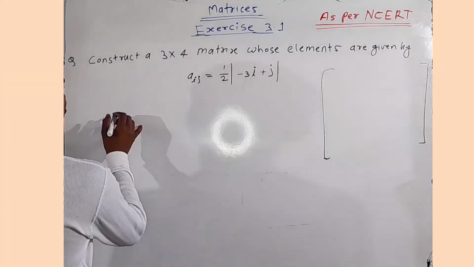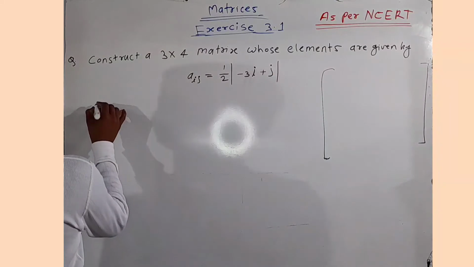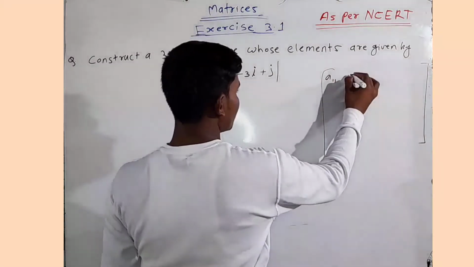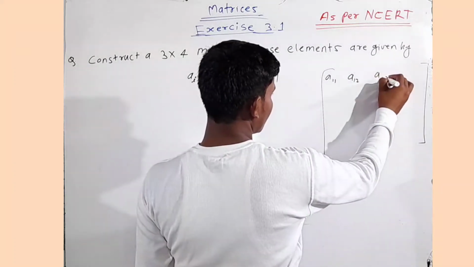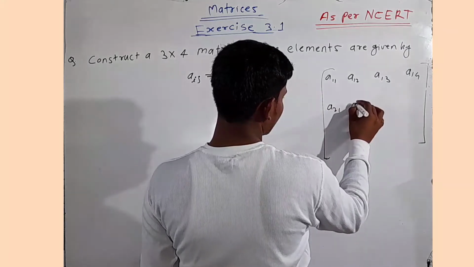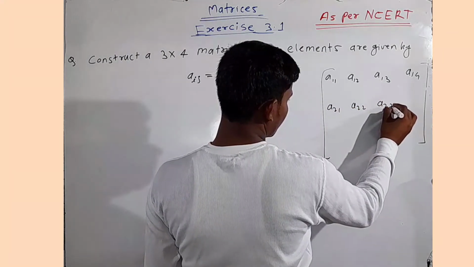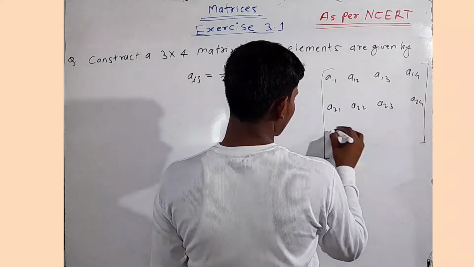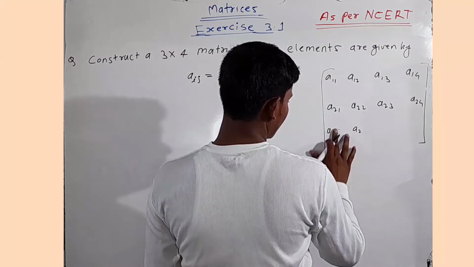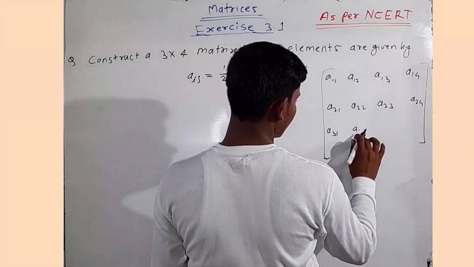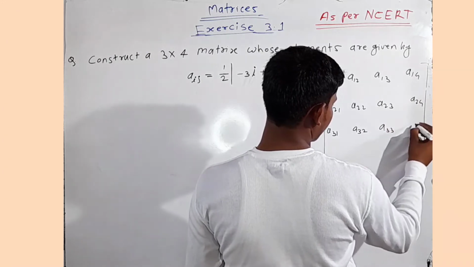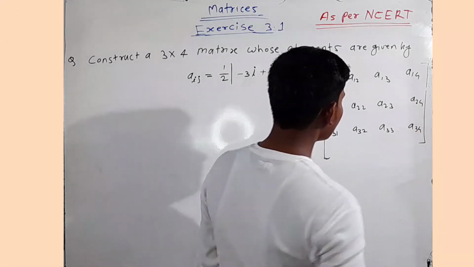The number of elements is 12. The elements are A11, A12, A13, A14, A21, A22, A23, A24, A31, A32, A33, A34.